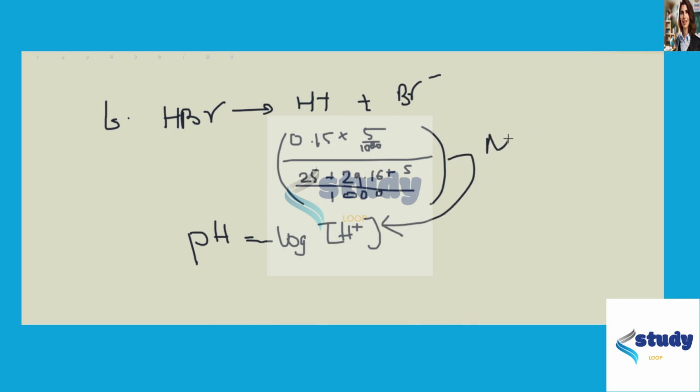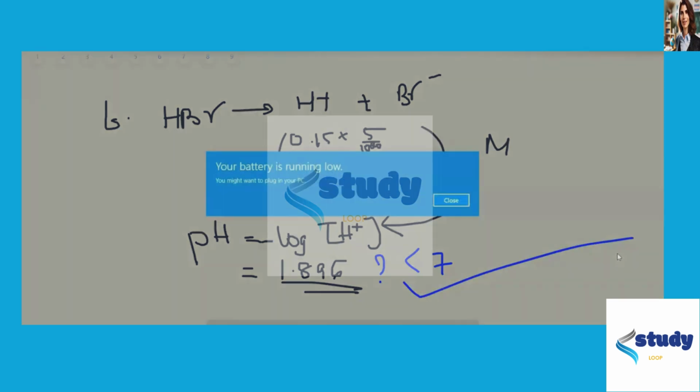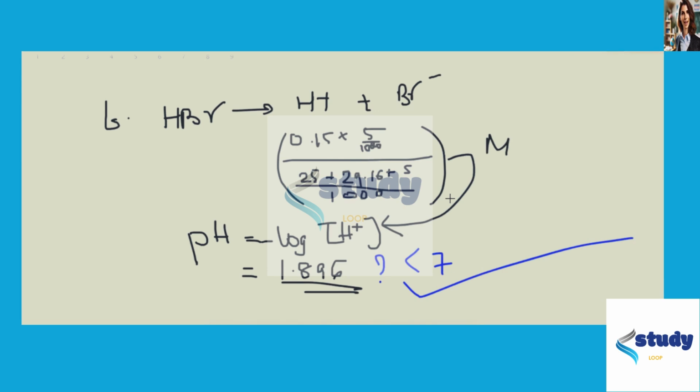And again, this is molarity, so you can put that in directly, no worries. And you get 1.896. So does this make sense? It's less than 7. You have a solution that was already kind of acidic, and then you added more acid. So yeah, this makes complete sense. And so we have solved all the parts of the problem.